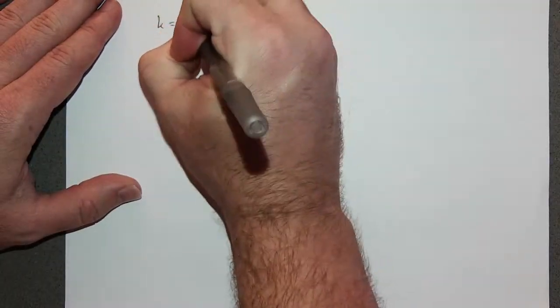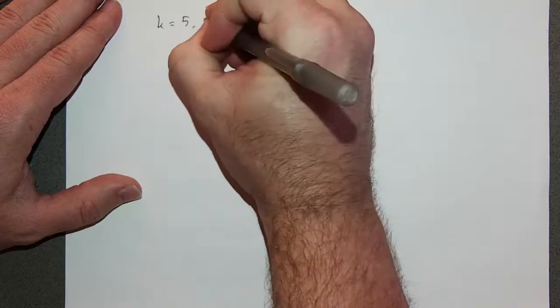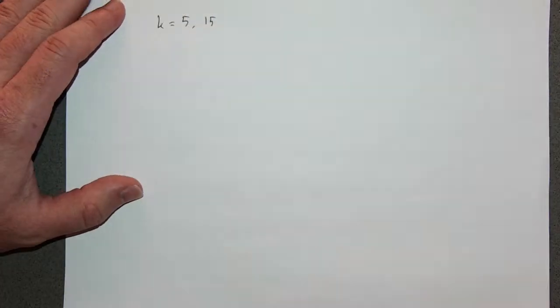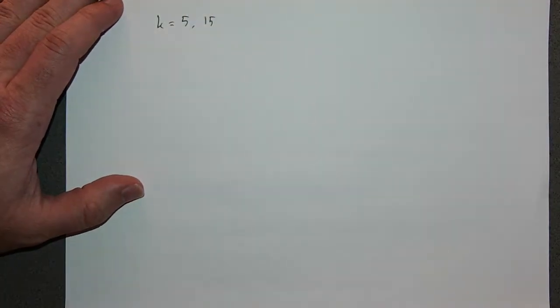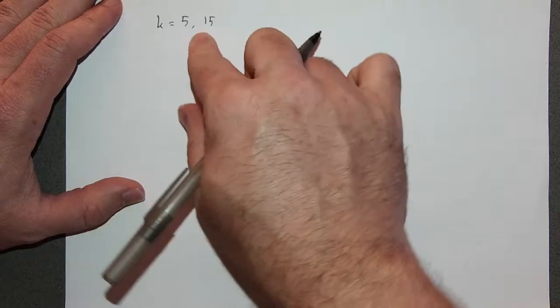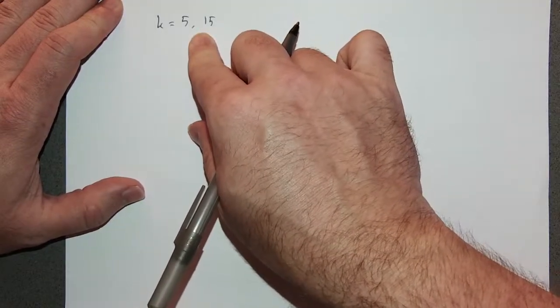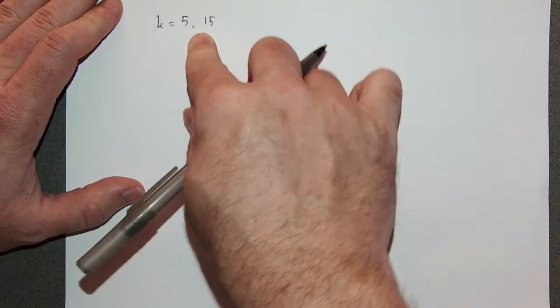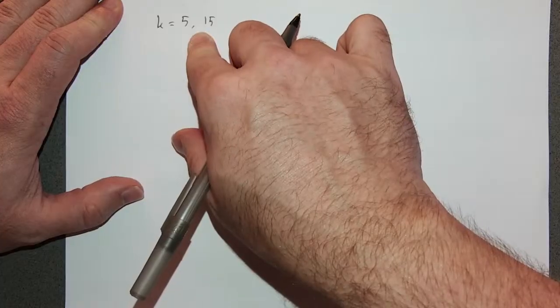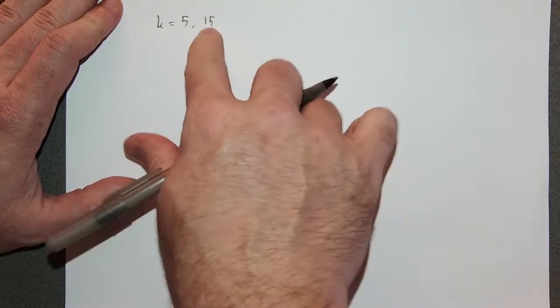So if k is equal to 5 or 15, so that gives me 2 rotations. In this case, these are 5 cycles of length 4.